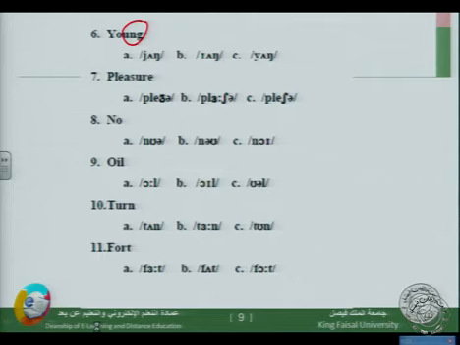Young. So the g is slightly pronounced. Which one is the right one? Choose it by yourself. Number 7, pleasure. ما حكيت pleasure. pleasure. ج. هذا الجي تذكر الجي الشامية، جي لبنانية.